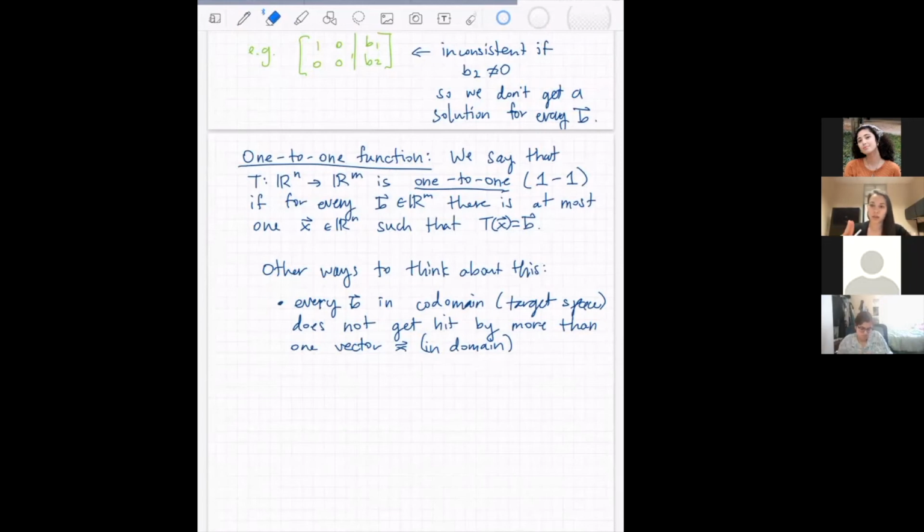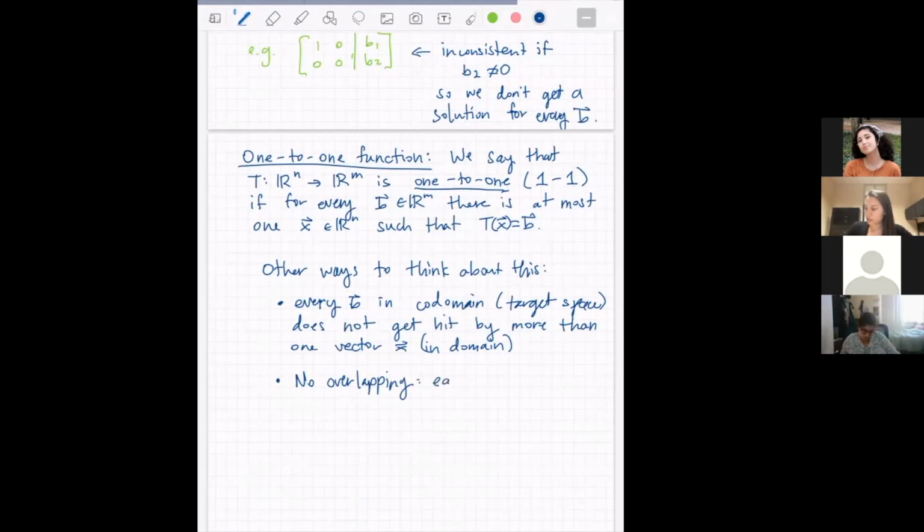So it's one or none, but not two and not more than that. Another way of thinking about this is that you have no overlapping on the target side, right?